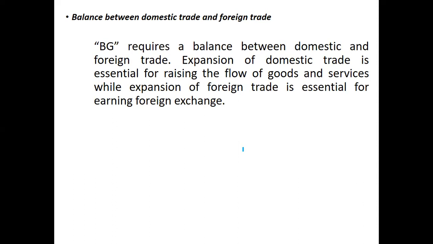And if you export more commodities to the outside through the expansion of foreign trade, then you will be getting more and more foreign exchange earnings. So therefore, keep a balance between domestic trade and foreign trade, or a country should strive equally hard to invest both in the domestic trade and foreign trade, which is essential for balanced growth rate to happen.